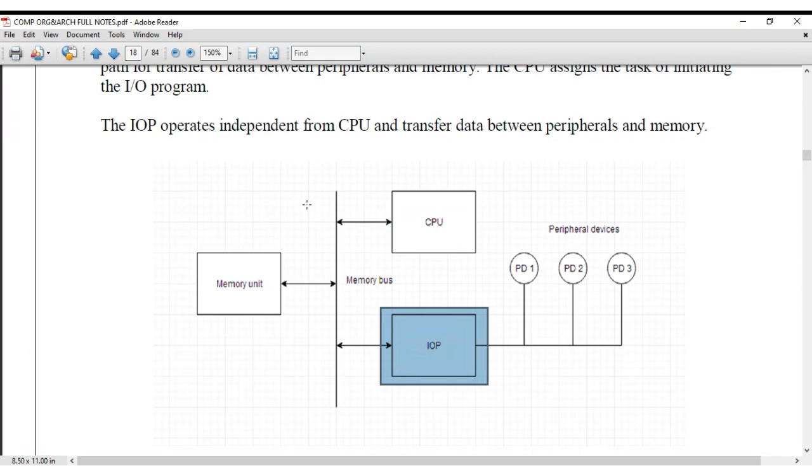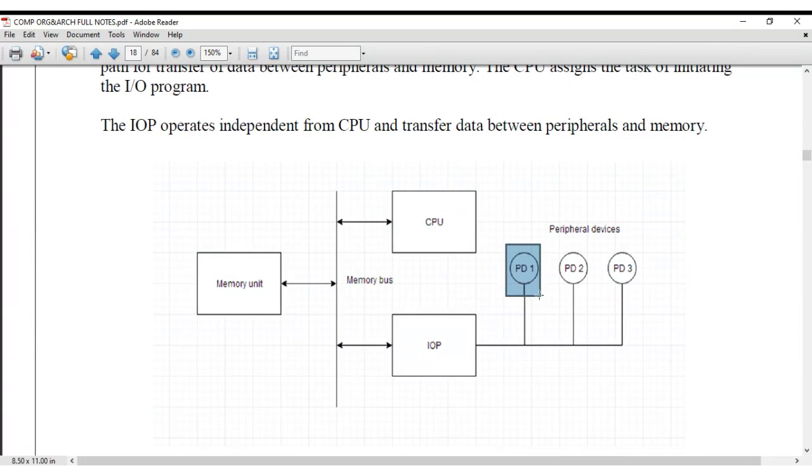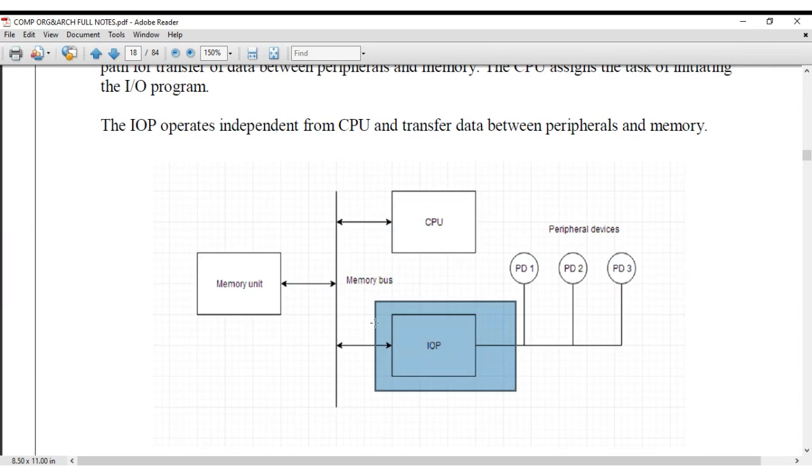Different peripheral devices can be connected to an IOP, or one peripheral device can have its own IOP, like in the example that I've given you for specialized printers. But different peripheral devices can be connected to one IOP, and then that one IOP is connected to the computer itself. Can you see how that works?